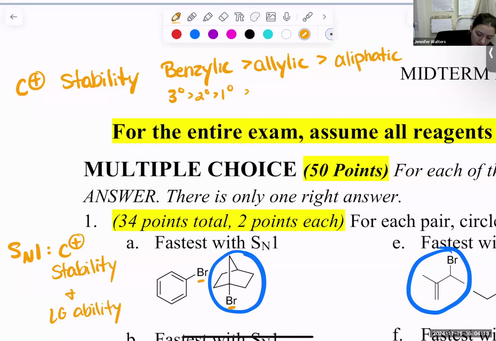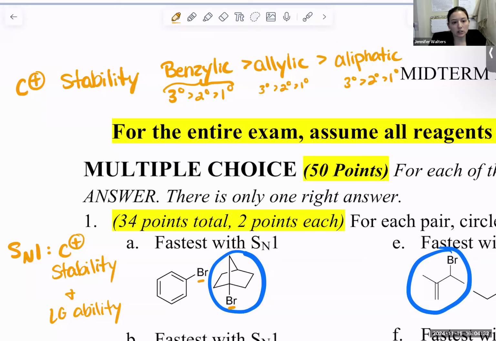And again, tertiary is better than secondary, which is better than primary. So that's what we're looking for here: the stability of the carbocation that would form.